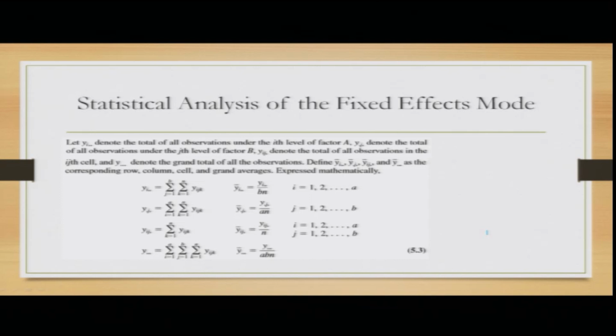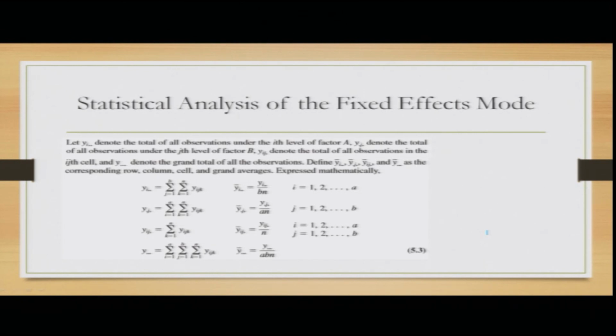The third case is y bar dot dot k. And the next one, my apologies, is y bar ij dot, which means you are taking the average of any one combination of A and any one combination of B. The final one is y bar dot dot dot, which is the overall average.